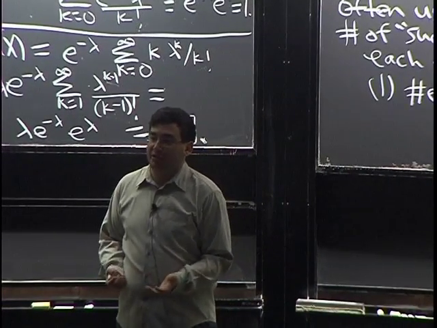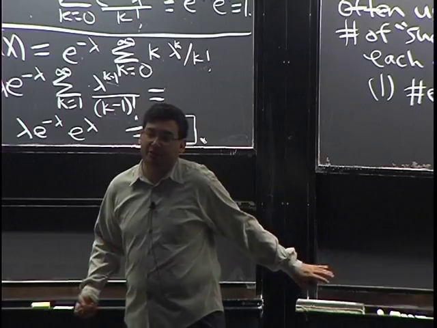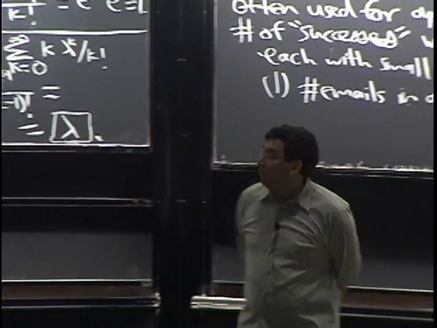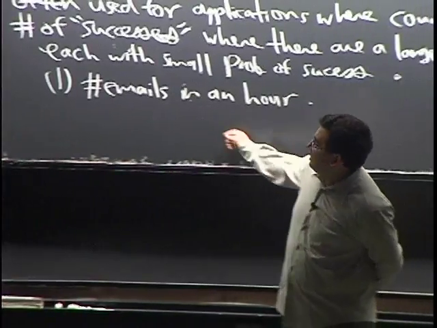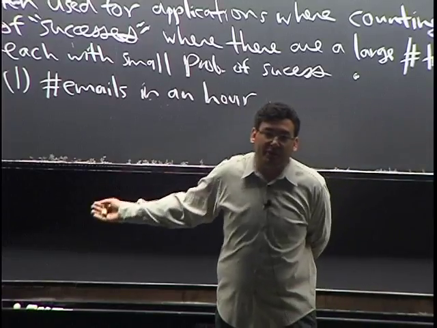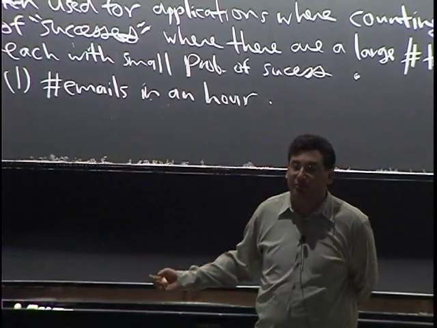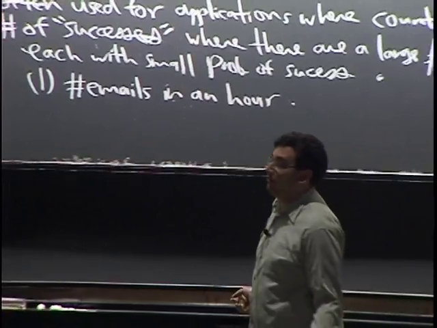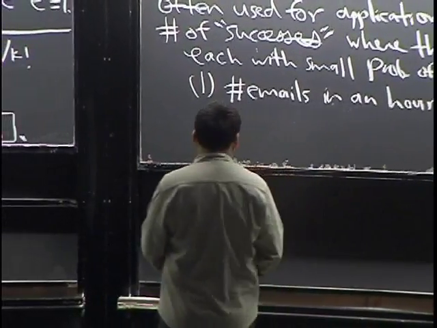That's an empirical question, not a mathematical question. But the claim is that this would be a reasonable starting point as a model. In some cases it may be very good, in other cases it may be bad, but this would be a reasonable first approximation. That's what I'm saying, not an exact distribution.